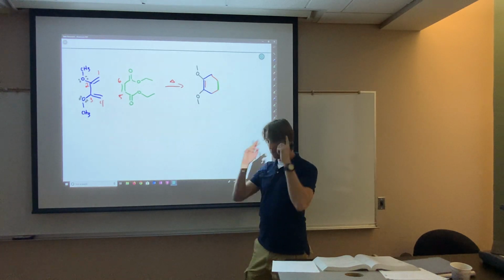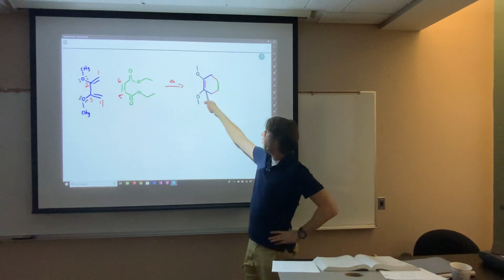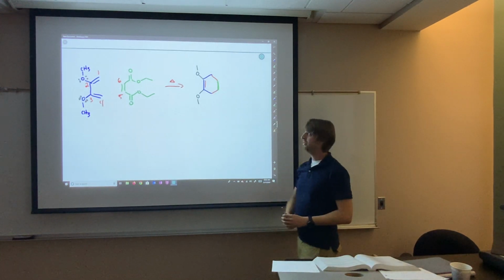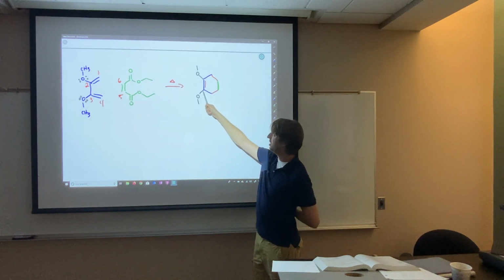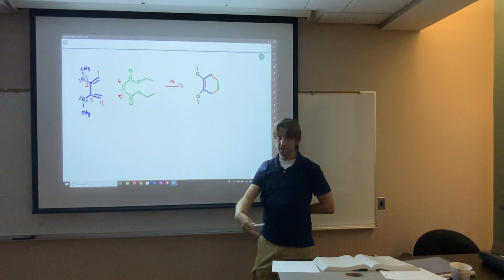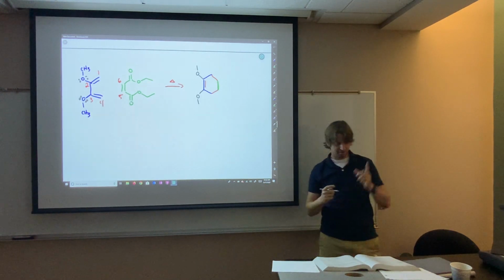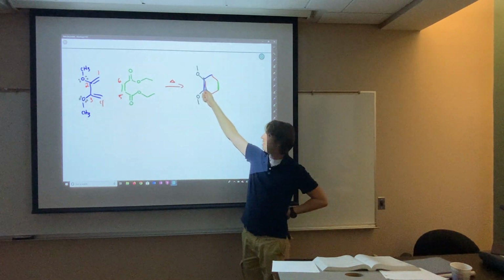Okay. I'm on a ring, so I need to make sure I show my wedge and my dash where appropriate. Why didn't I draw that wedge and dashed? Do you guys understand why? Well, what's the hybridization here? That's a trigonal planar geometry, so it's flat. I don't need to draw it wedge and dash, okay? So always remember, on a ring system, wedge and dash. So there's carbon 2 and 3.